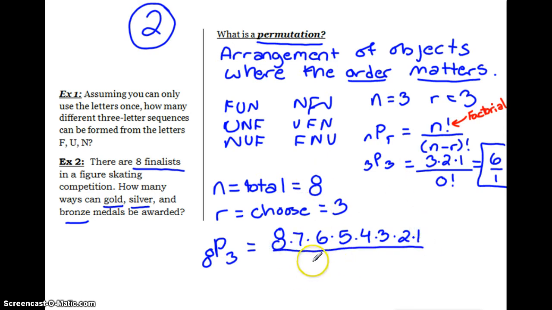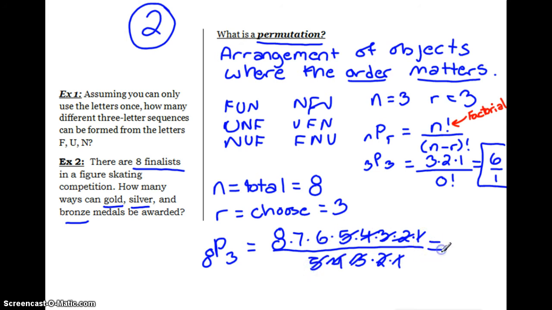So 8 minus 3 is 5 factorial. So 5, 4, 3, 2, and 1. Notice, guys, that this is going to make it a lot easier. These are all factors, they're all multiplying. We've spent a lot of time with factors this year, so we know that we can cancel out common factors. So those are gone.